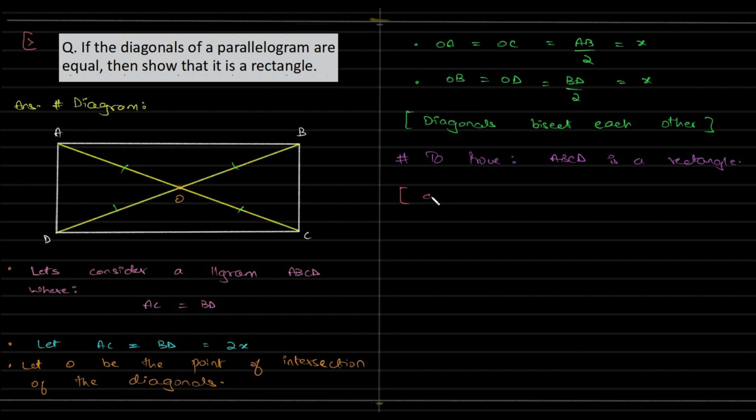All the angles are equal to 90 degrees in a rectangle. Okay, so indirectly if we prove this, we'll be able to prove that. So take some angle, so these two angles should add up to 90 degrees. So this angle should be equal to 90 degrees. If you prove one angle, that's enough. So that should be your agenda.